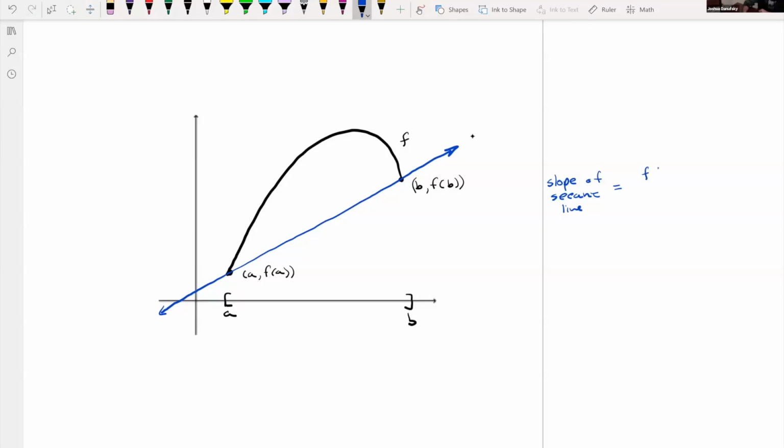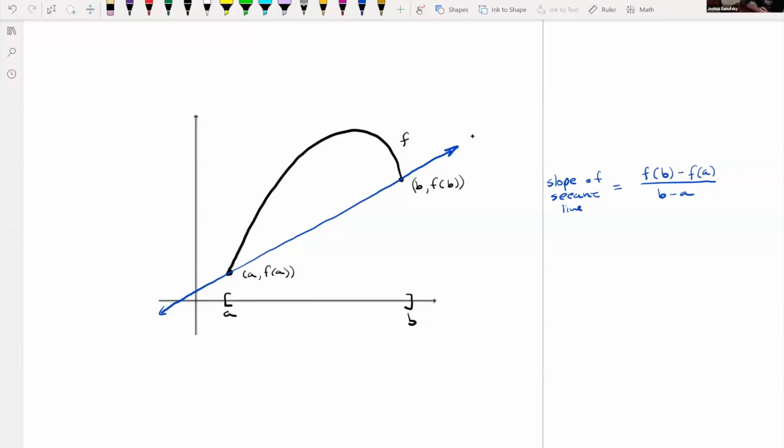So f(b) minus f(a) all over b minus a. Does that look about right? I took this y value, y2, minus y1, and x2 minus x1. All right, cool. So that is the slope of the secant line, okay?